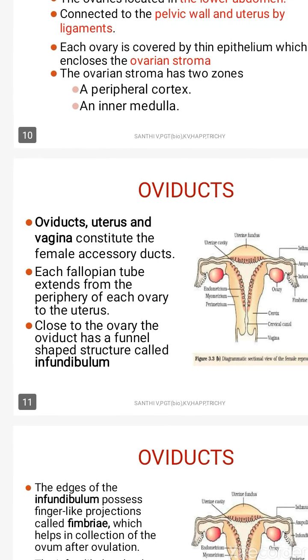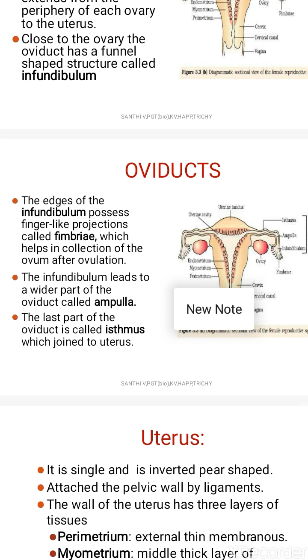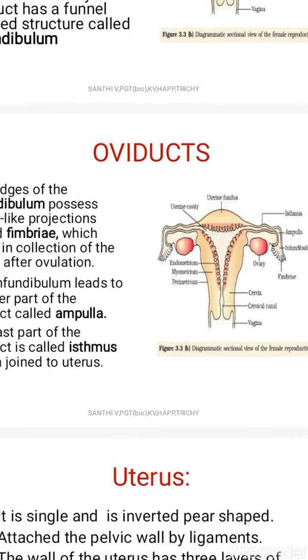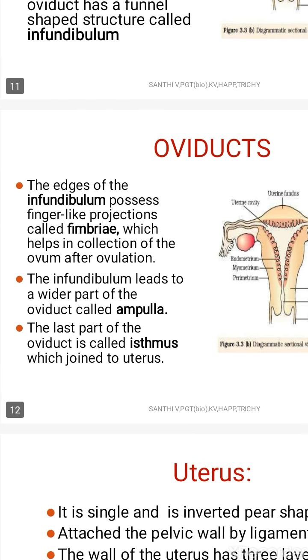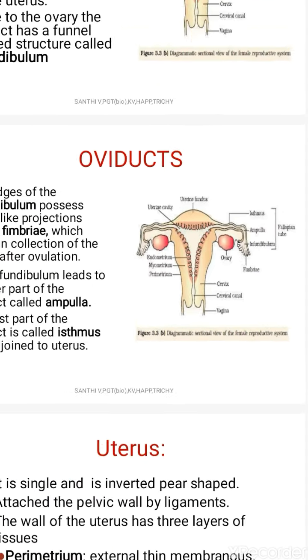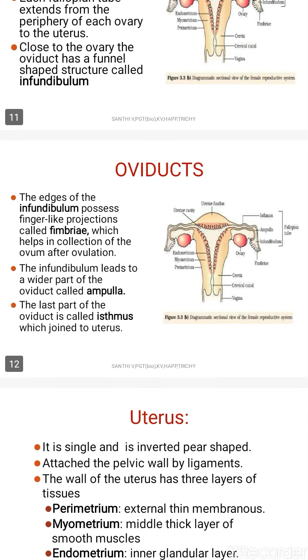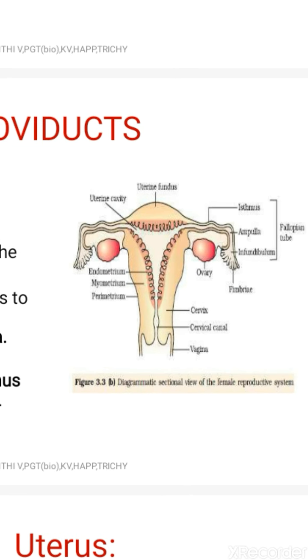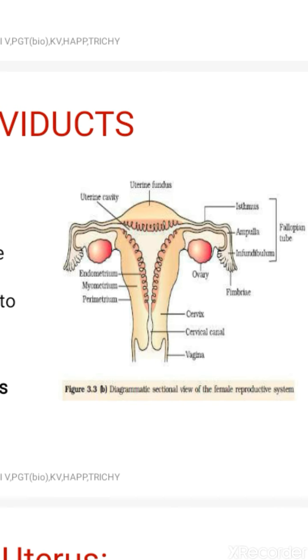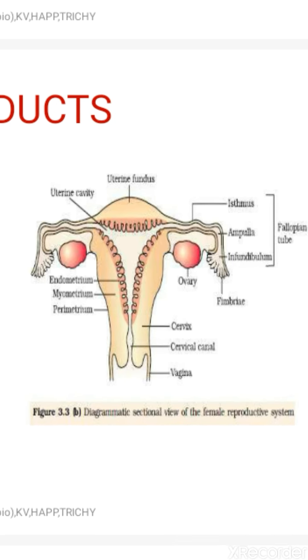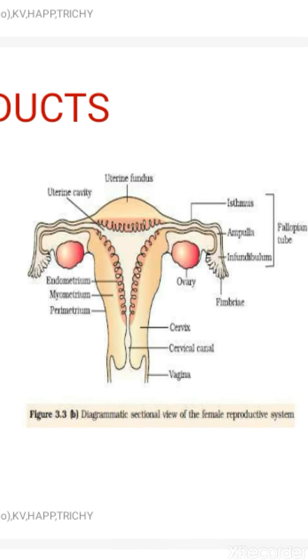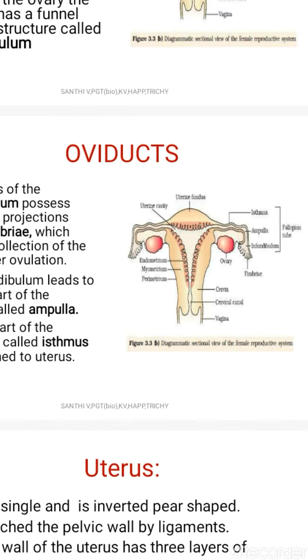The edges of the infundibulum have fimbriae, which are useful for the collection of the ovum. The infundibulum continues as the ampulla, which later continues as the isthmus, and it opens inside the uterus.